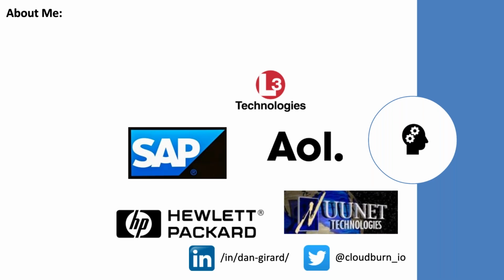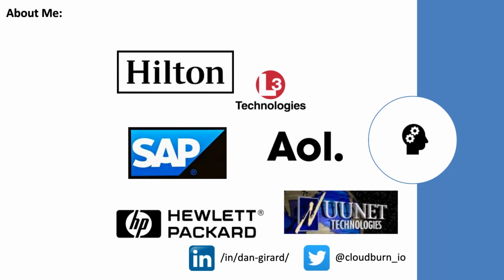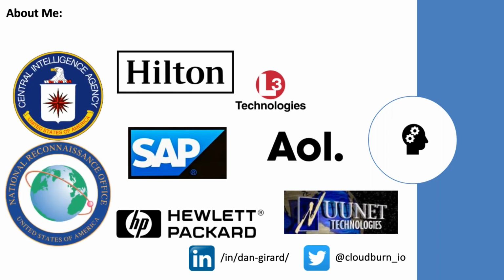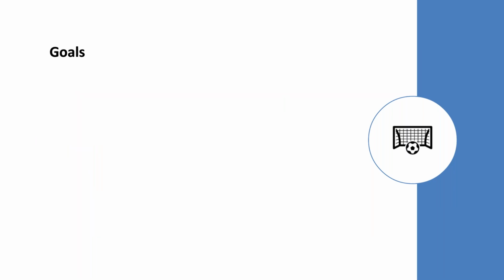As you go through my career on this slide, you can see all the different industries I've worked in, including the hospitality industry. I've also had a stint in the intelligence community working on behalf of some of the federal government agencies you see here. Today, I continue to work as a cloud security architect here at Capital One.